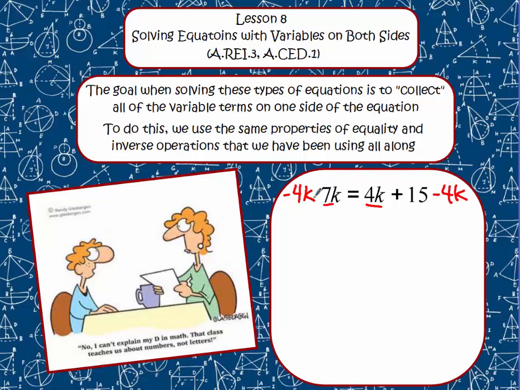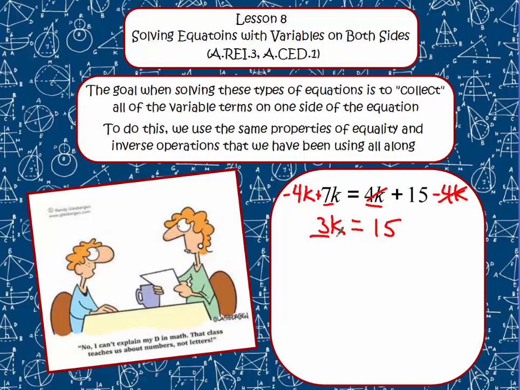So 7k plus a negative 4k is 3k. And over here, 4k plus 15 minus 4k, this 4k and this minus 4k are additive inverses, so they become 0. So I'm left with just 15. Here I would use the multiplicative inverse. Multiply by 1/3.